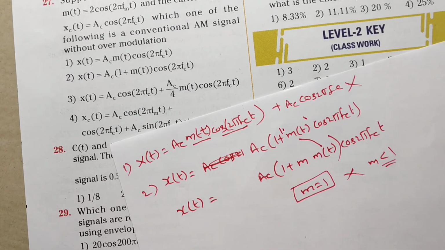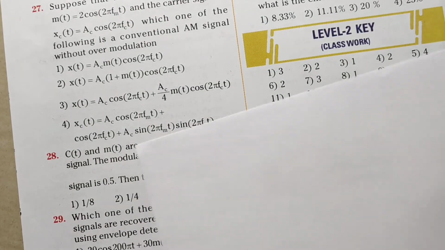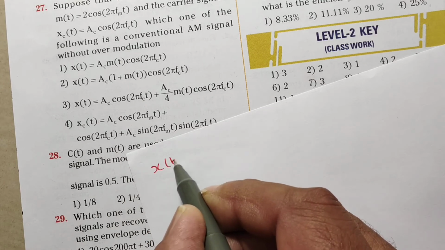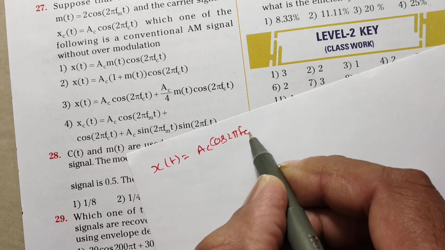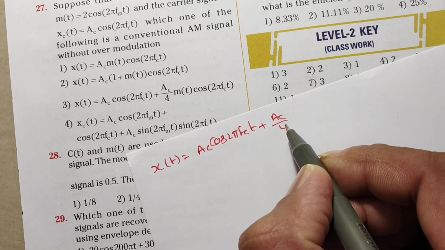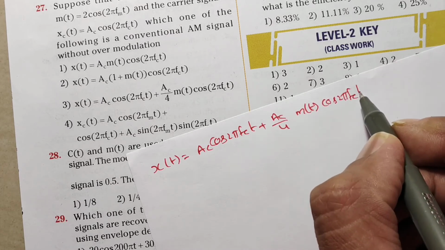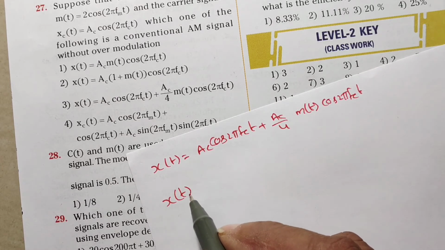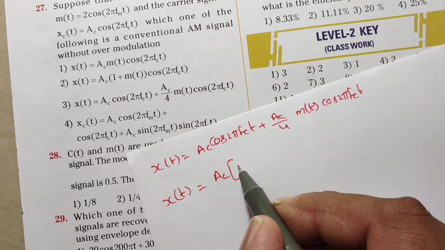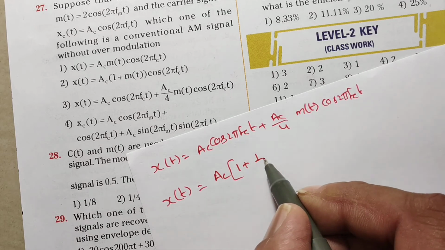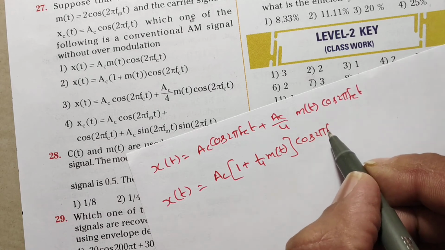So now check the third option. The third option they have given is x of t equal to AC cos 2 pi fct plus AC by 4 m of t cos 2 pi fct. Now I take AC outside, so x of t is AC into 1 plus 1 by 4 m of t, cos 2 pi fct.